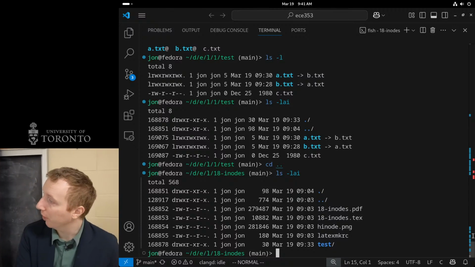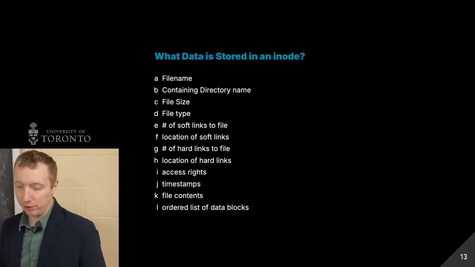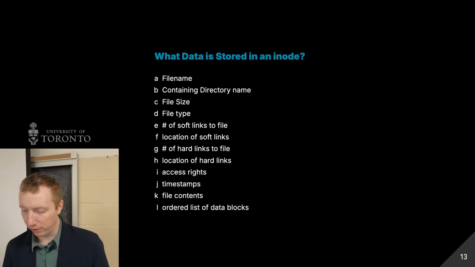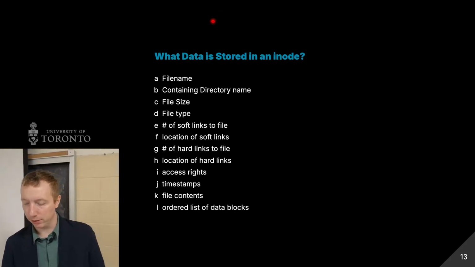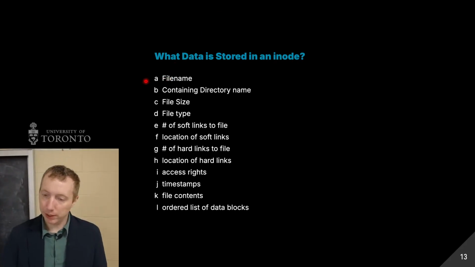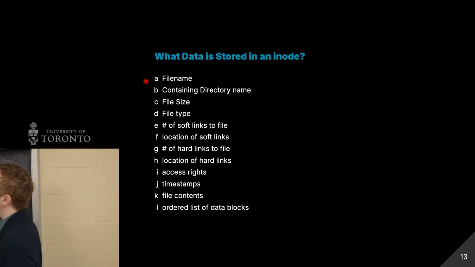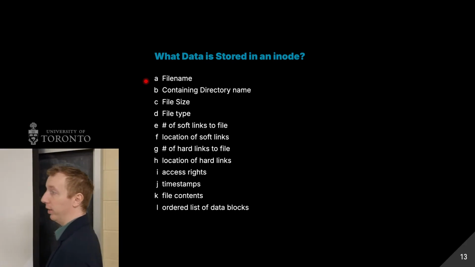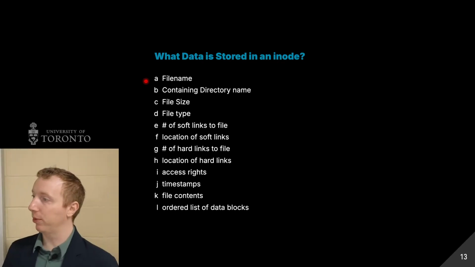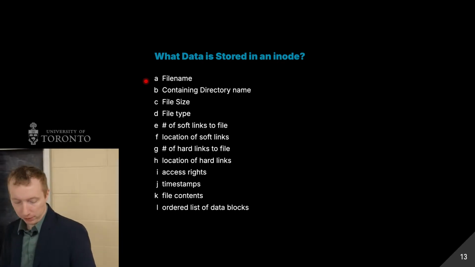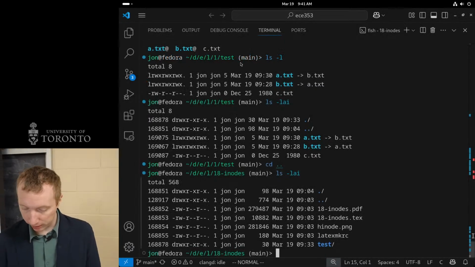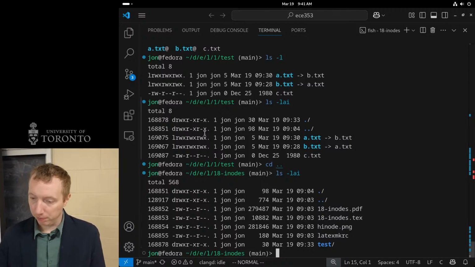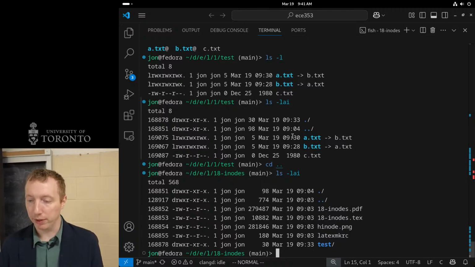All right, so we can do a quick little quiz on what's stored on an inode. If we go through the list, what's stored on the inode? The file name, not stored on the inode. File names are only stored in directories. So for the contents of this directory, all it stores is names and inode pairs.